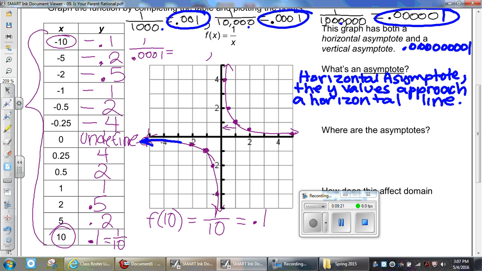And then I'm going to pick 1 over 0.00000, and then one more, 1 over 0.00000. So if you guys could divide those for me, please.